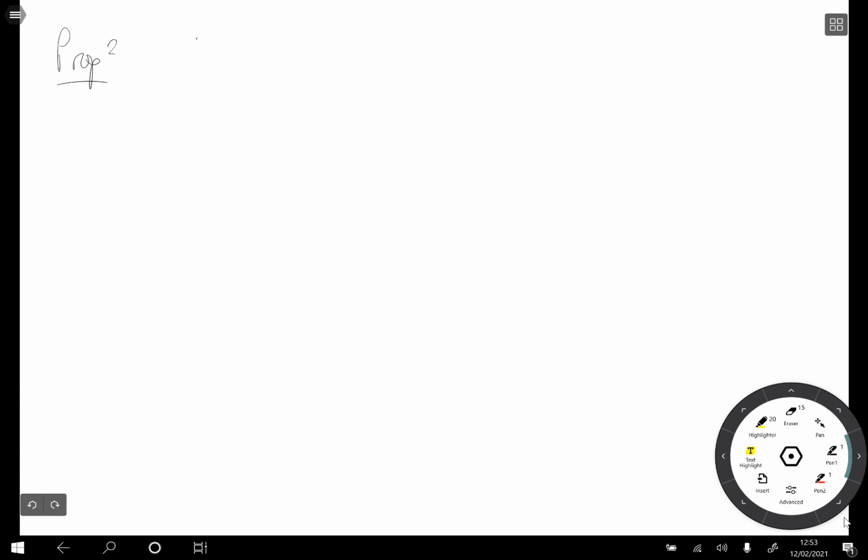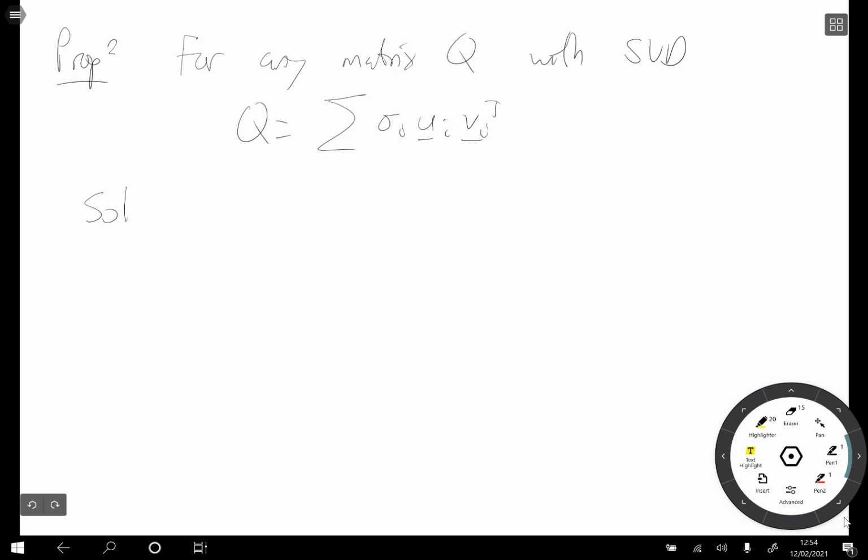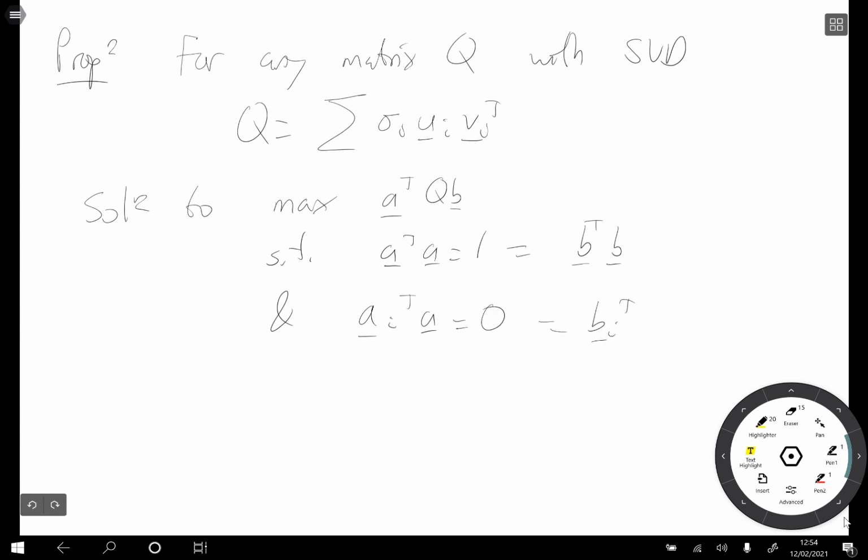For any matrix Q with singular value decomposition Q equal to the sum of sigma_i u_i v_i transposed, the solution to the optimization problem, maximize A transposed Q B, subject to the A's being length 1, the B's being length 1, and the A_i's being mutually orthogonal, the B_i's being mutually orthogonal, is to take the A_i's to be the left singular vectors and the B_i's to be the right singular vectors.